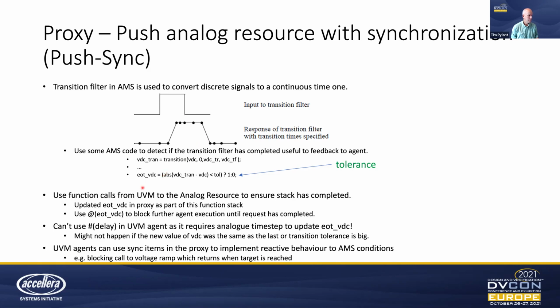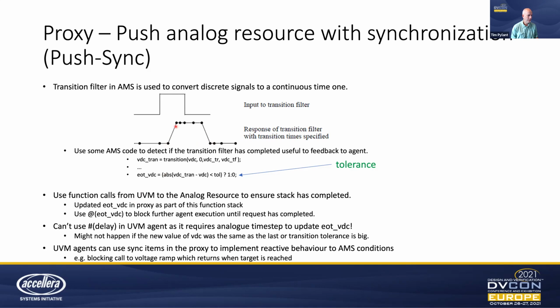And so you can use function calls from UVM to monitor the values and see when the actual discrete value that you passed in has transitioned through all the analog steps, because there is some delay, of course, since analog has more of a real-time function to it.